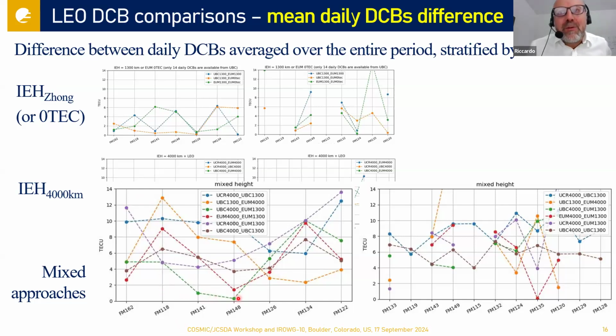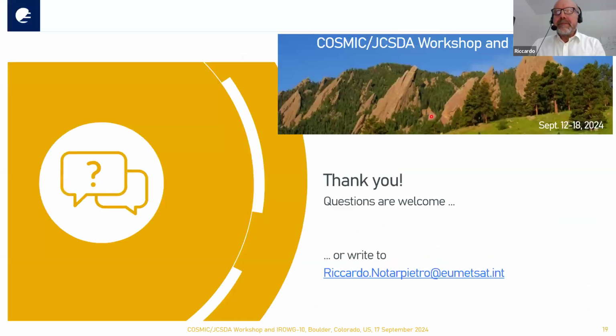But you can also have, for some satellites, good agreements. But I would say that the selection of the ionospheric effective height, if you want to compare different solutions with different effective heights, starts to be really, really crazy. Okay, thanks. Thank you very much.